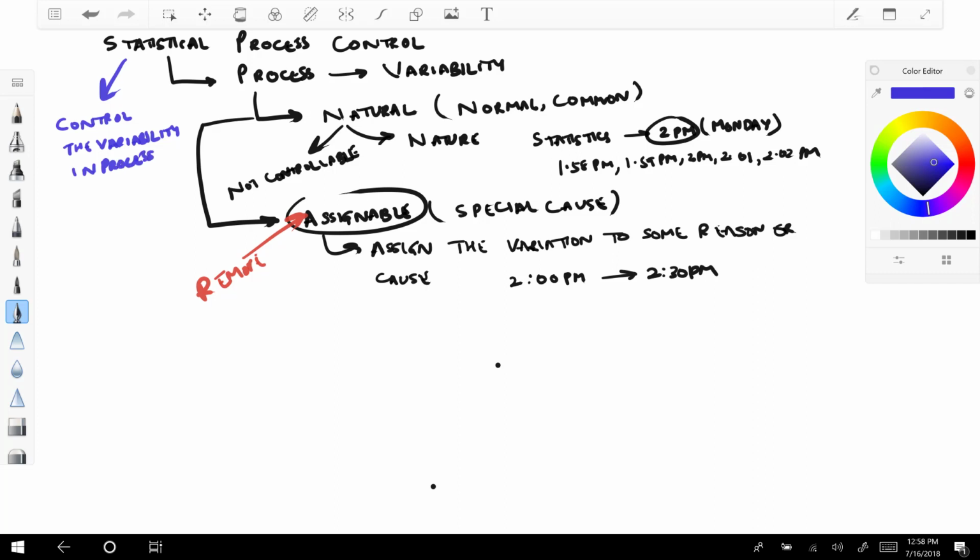This can be done by removing the assignable variations such that we are only left with natural variations. Control charts are one of the ways you can monitor the process. We will use control charts to monitor the process and control the variation.